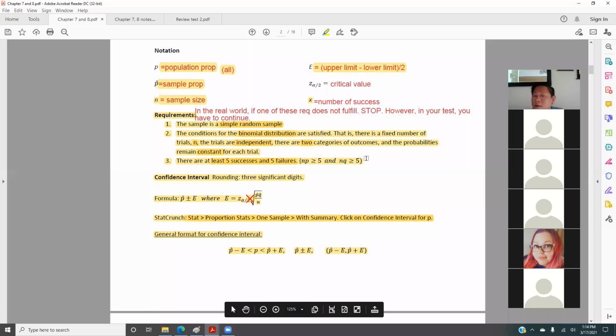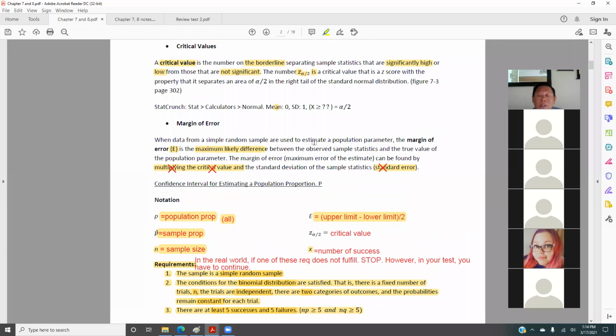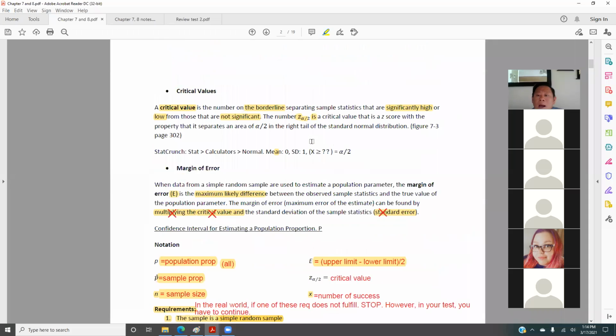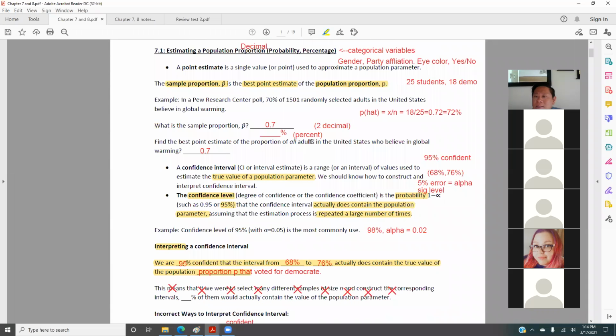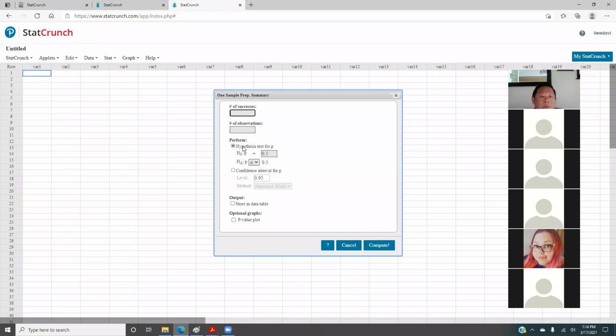By the way, are these notes all in the D2L class? Yes, so you do not need to copy it, it's all in D2L. Last time I think I used 25 students, 18 are Democrat, right? So I can find a confidence interval here. So 18 are Democrats out of 25 observations.